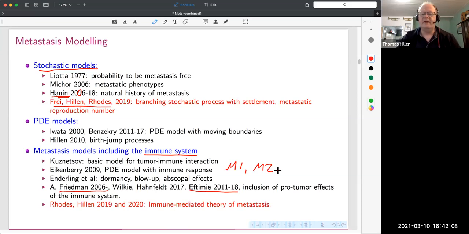It has been shown that they can arise in two forms. M1 kills cancer and M2 helps cancer. So there's an interesting feedback between these types of immune cells. In this context, if you have a next round of your seminar, you might want to consider inviting Raluca Eftimie. She's, I think, now in Grenoble. She would be an excellent speaker.